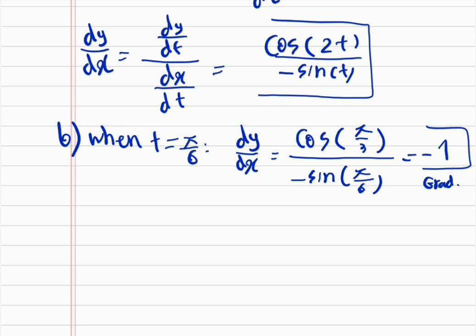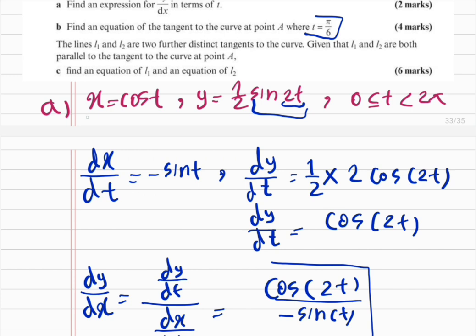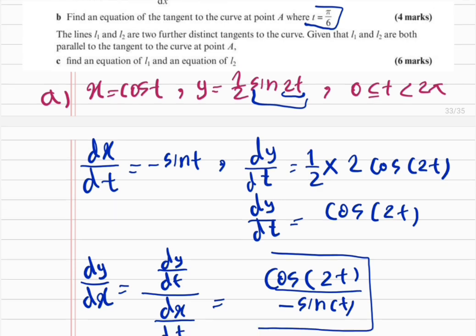Now we want to find the coordinates of point A. In order to find that, we substitute the value of t into the equations of x and y, because when we substitute them, that gives us the coordinates of point A at t equal to pi over 6.